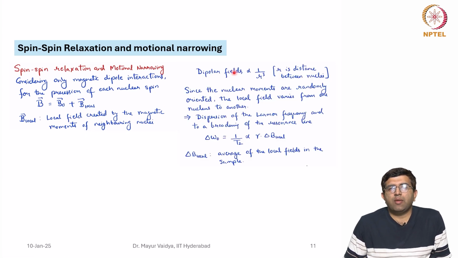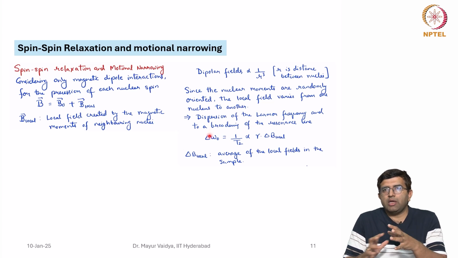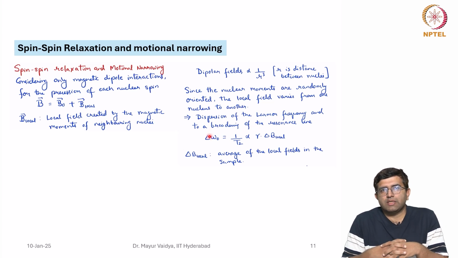Now, these dipolar fields are proportional to 1 over r cube, and since the nuclear moments are randomly oriented, the local field varies from one nucleus to another. This leads to the dispersion of the Larmor frequency, and therefore to the broadening of the resonance line.